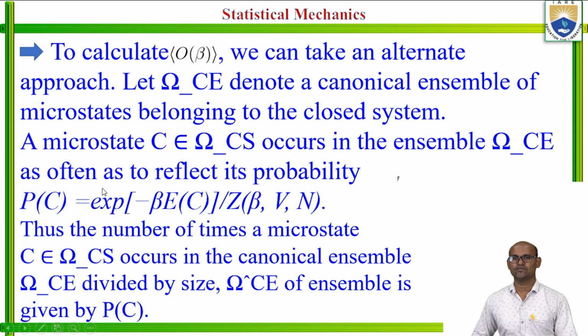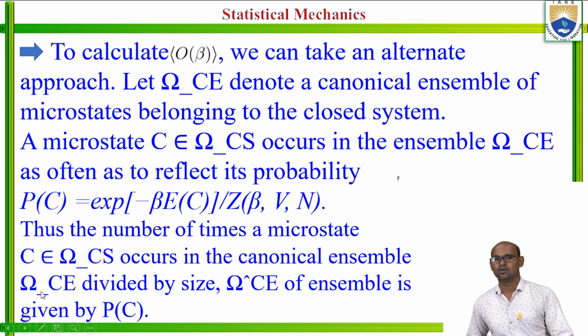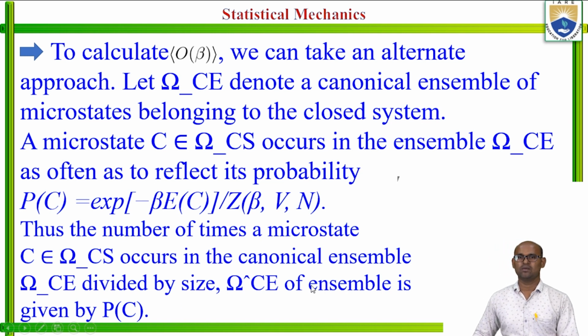So the probability of occurrence of any microstate, P of C, is the number of times C occurs in the ensemble divided by the size of the ensemble.